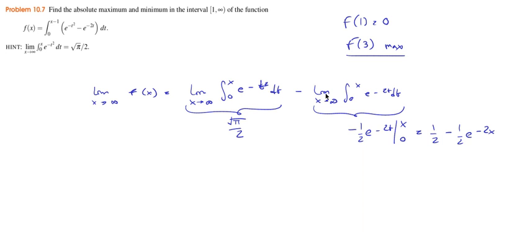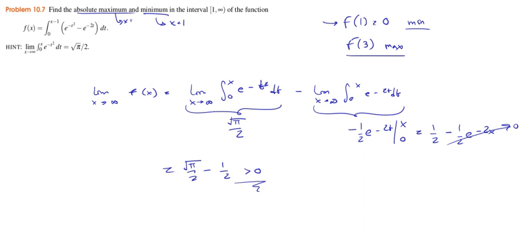Now the limit when x goes to infinity of this goes to 0, so this is just the square root of pi over 2 minus 1/2, but this is greater than 0, so the minimum value that it reaches at infinity is going to be greater than 0, which is the minimum. Okay, so the absolute minimum of this function is at x equals 1, and the absolute maximum is at x equals 3.